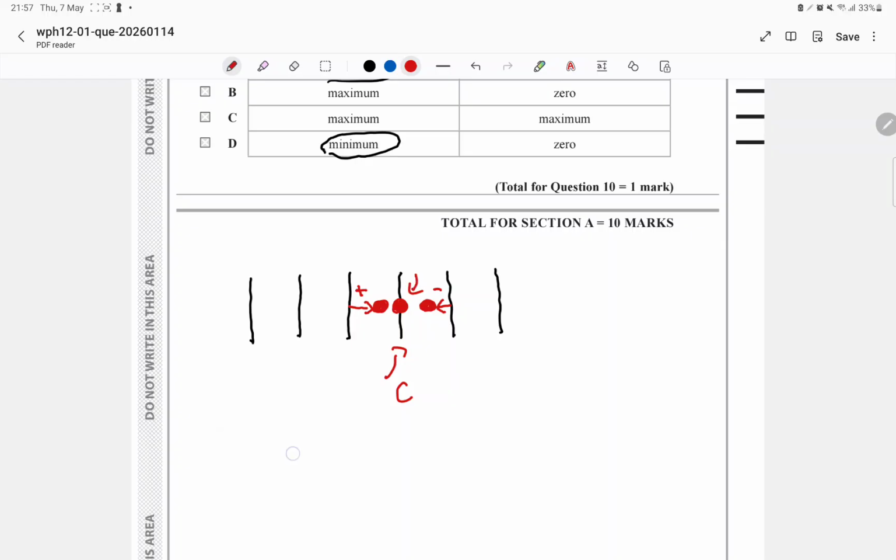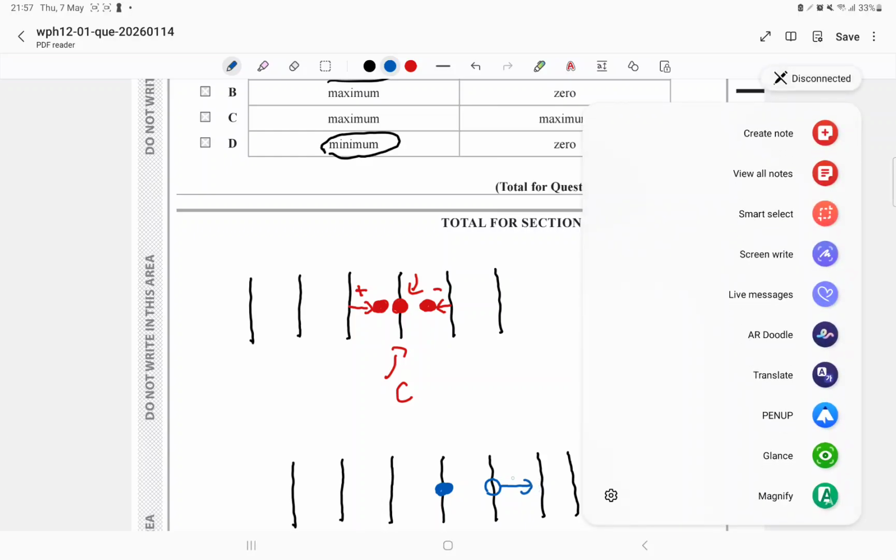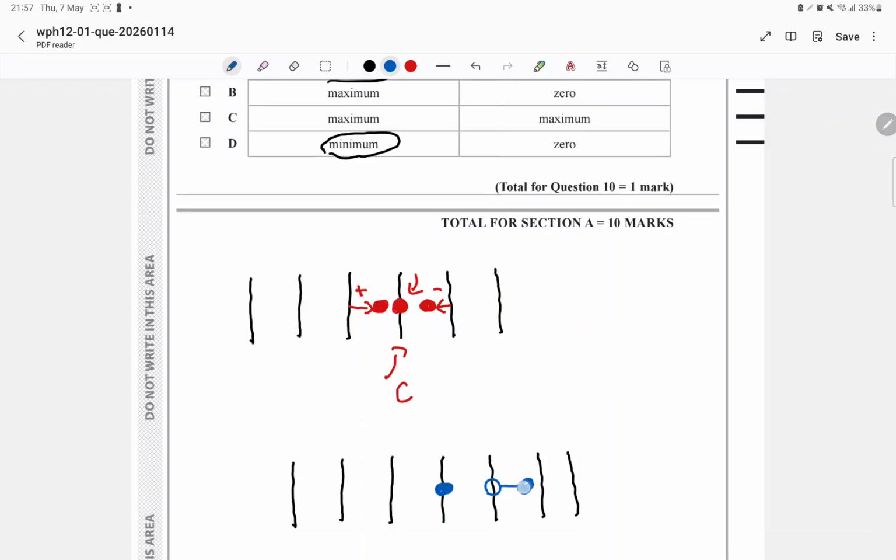The same thing is true for rarefaction. I'll draw rarefaction here. One more, so it makes sense. So in the rarefaction, what's happening now is the particle that used to be over here moves away. So it's now over here. And the particle that used to be over here is shifted to the left.